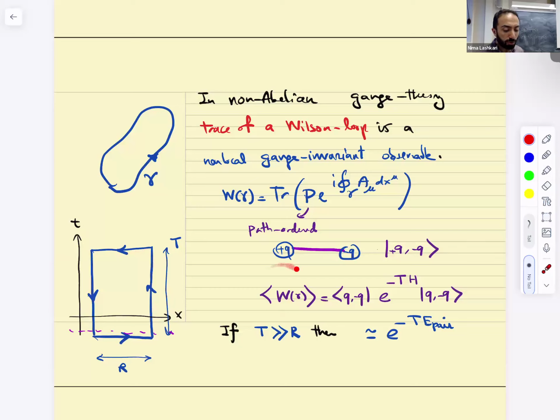So this Wilson loop in the Euclidean theory could be interpreted this way. If capital T, the time, is much larger than R, this is basically e to the minus T times the energy of the pair, because this is the Hamiltonian. It tells you the energy of this pair.